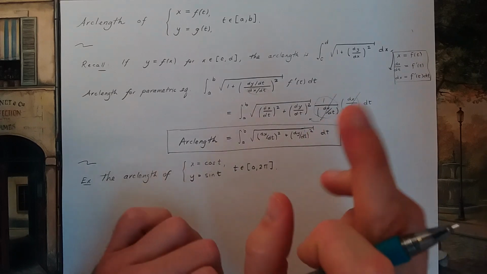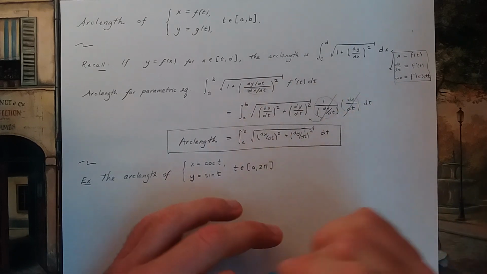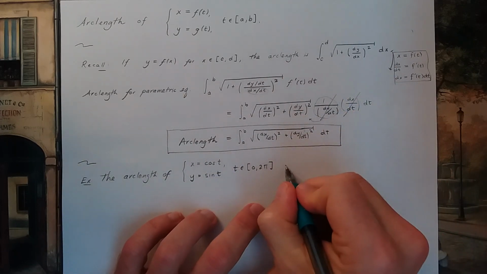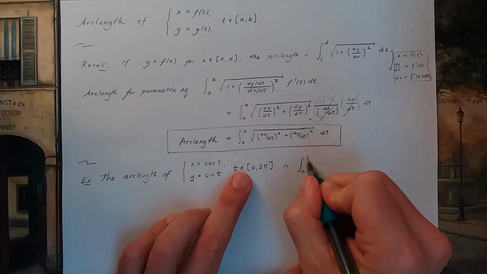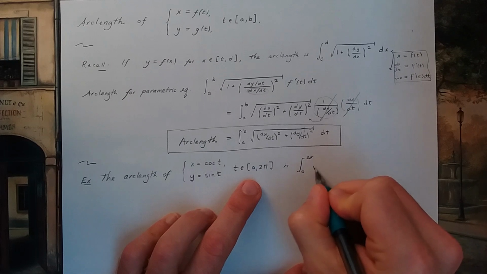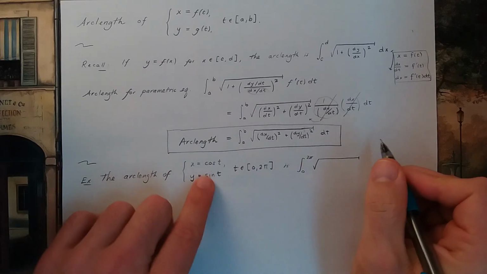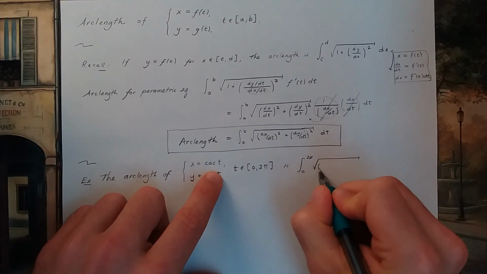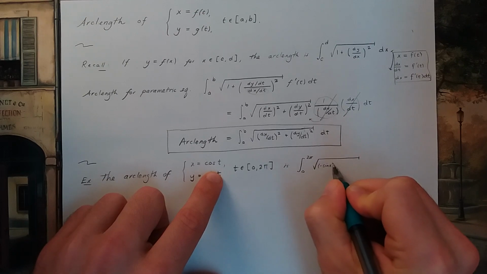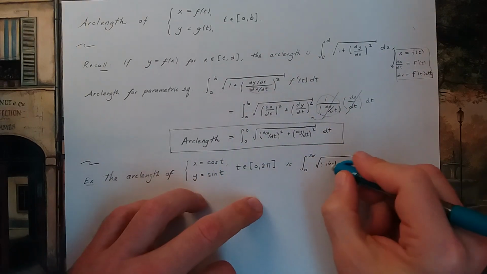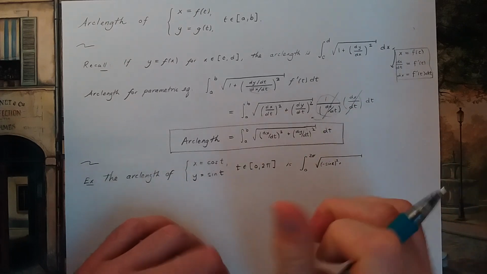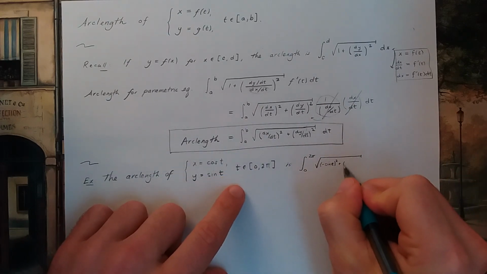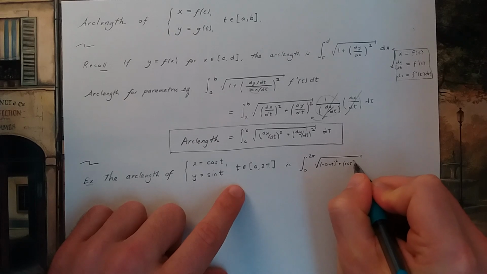So the arc length of this parametric equation we can find just by doing an integral. It's the integral from 0 to 2 pi of the square root of the derivative of x squared, so negative sine t squared, plus the derivative of y squared, so plus cosine squared t.